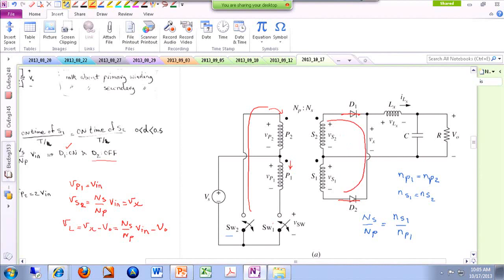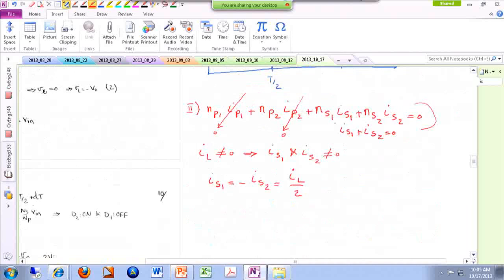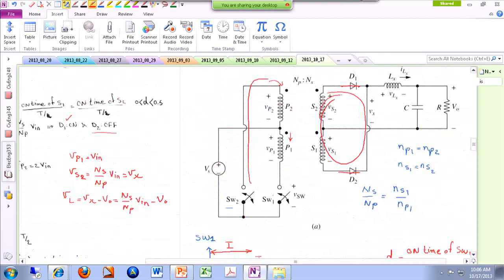If I apply KVL to this loop, what I conclude is VS1 plus VS2 should be 0. That's just the KVL in that loop that we have two diodes on. So basically I'm looking at this loop over here, writing in KVL.